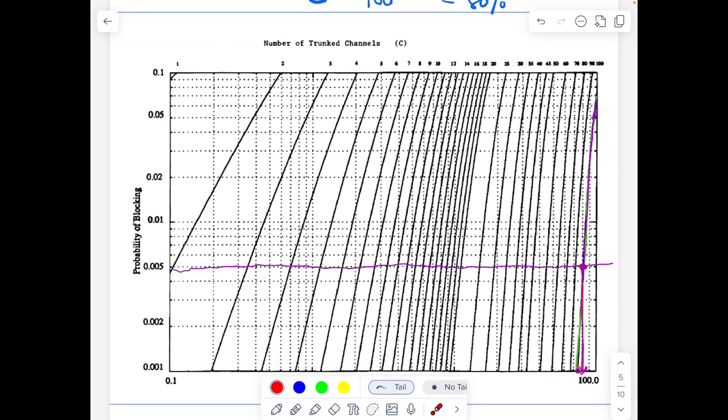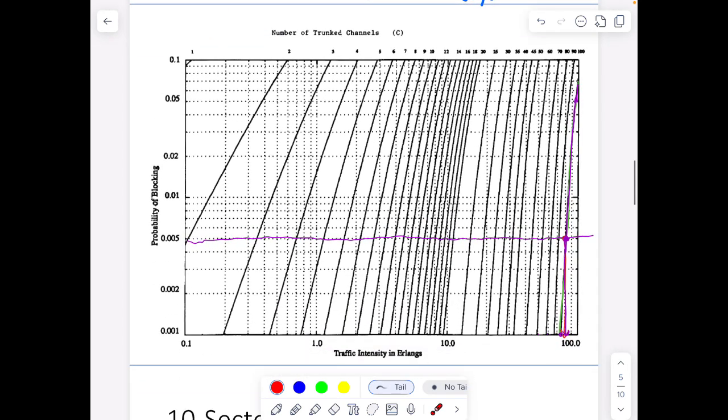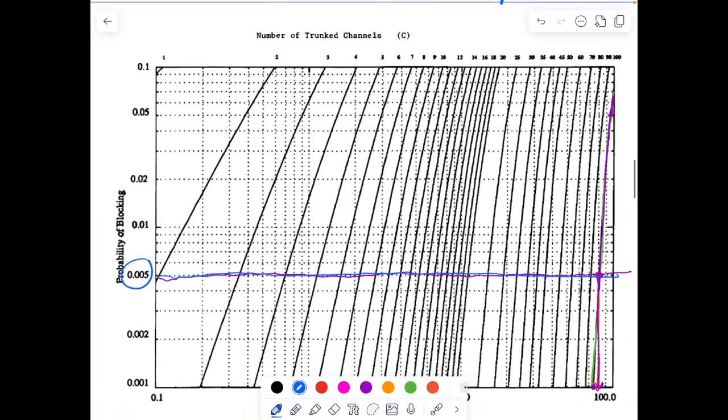Recall this Erlang B chart where we have traffic intensity in Erlang, we have blocking probability, and we have the number of channels up here. First, blocking probability is 0.005, so we are looking at this level of GOS, and the number of channels is 100. Where's 100? It's this, so it means it's this straight line. Okay.